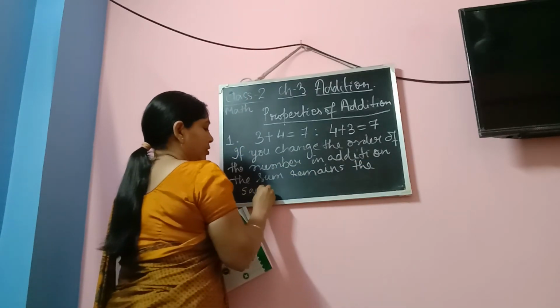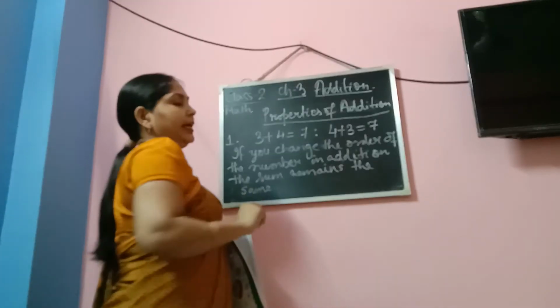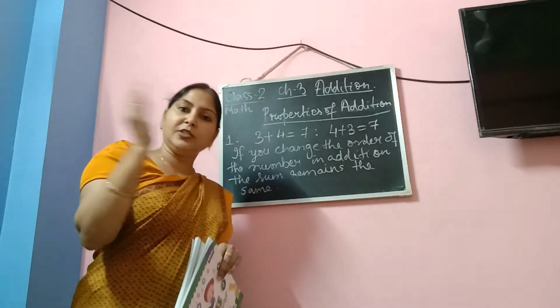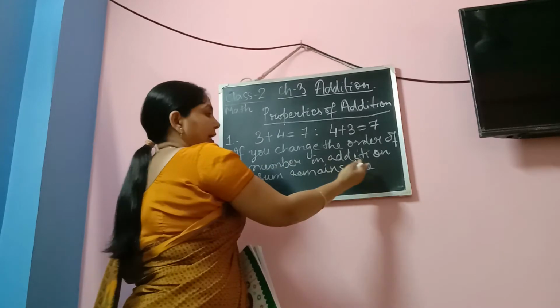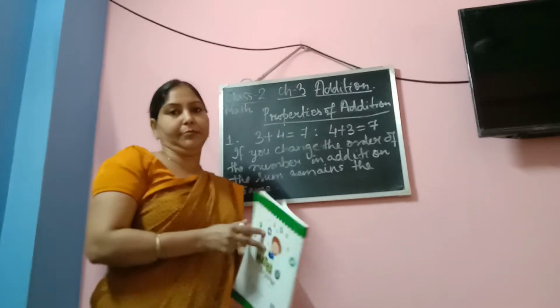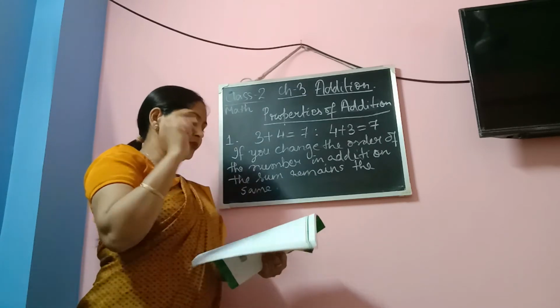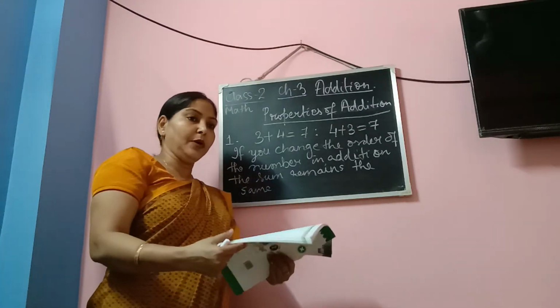Okay, you will write this also in your copy. So the example is given on top and the explanation is below. If you change the order of the numbers in addition, the sum remains the same. There is no change in the sum or the answer.